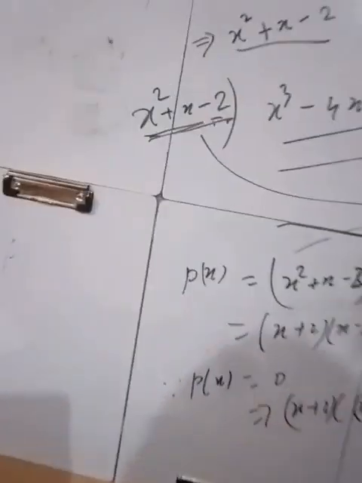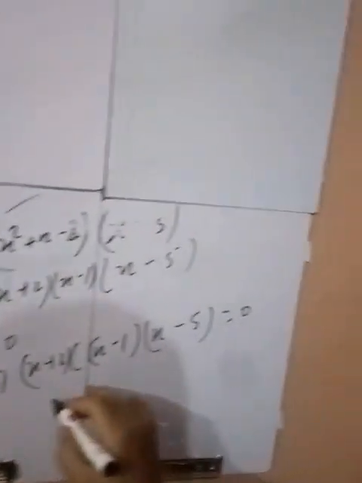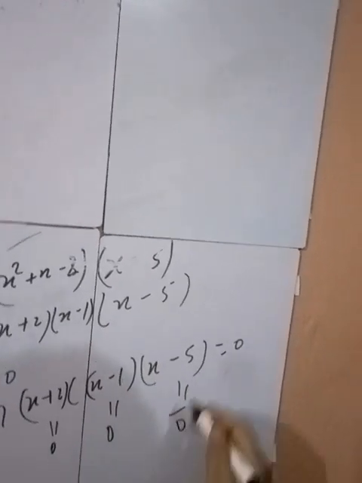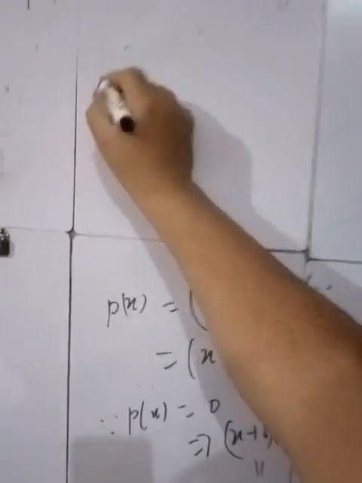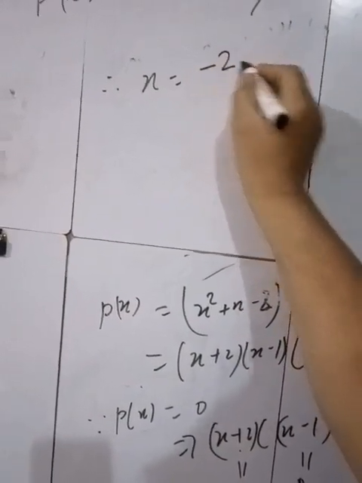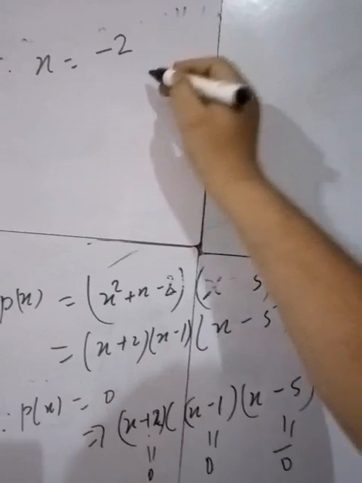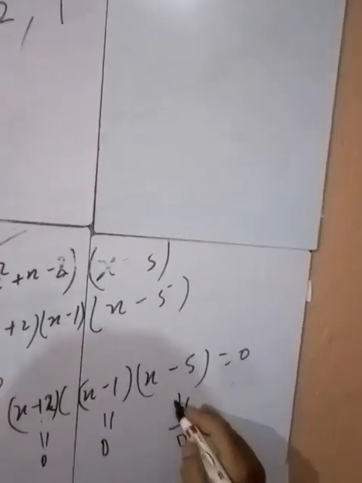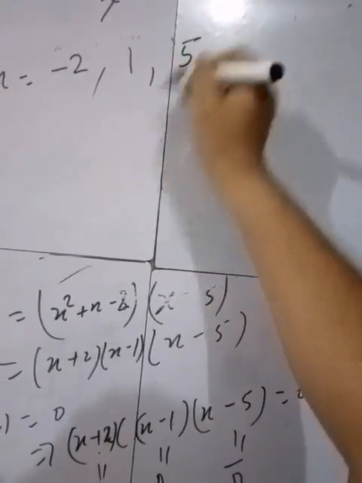So these three factors, either of them, will be 0. Therefore x is equal to minus 2, because this is x plus 2, and for this, 1, and for this, 5.